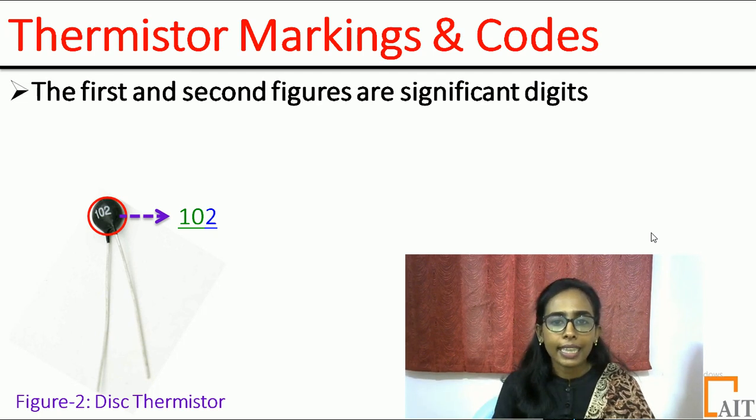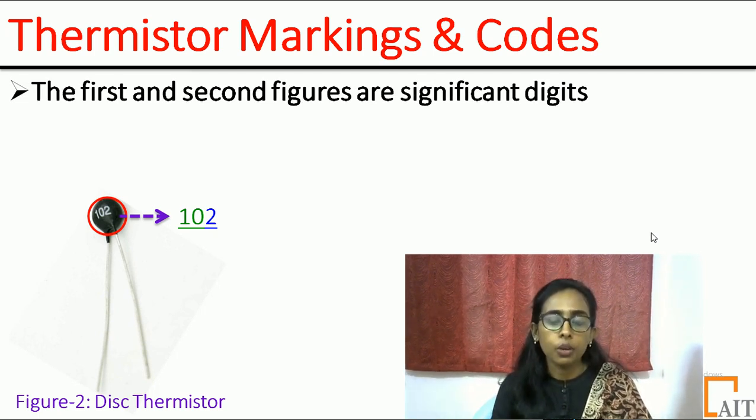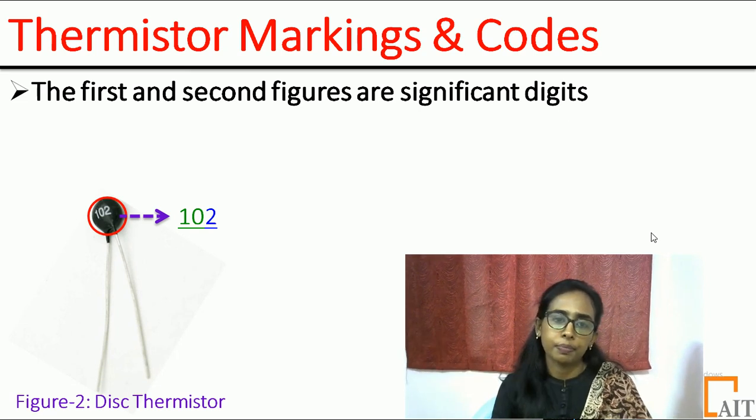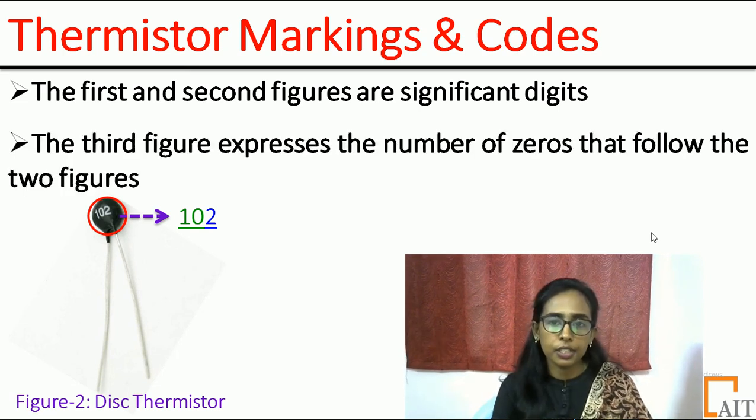The first and second digits, that is 1 and 0, are called significant digits. The third digit expresses the number of zeros that follow the first two digits. So that means 10 followed by 2 zeros. So the value will be 1000 ohms or 1 kilo ohm.